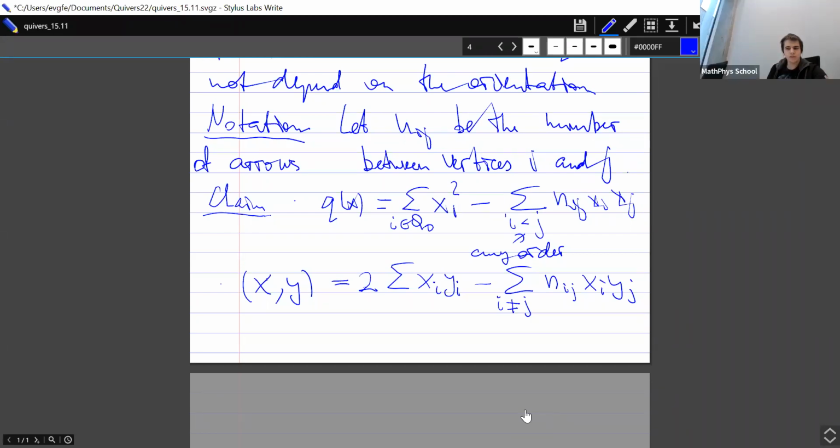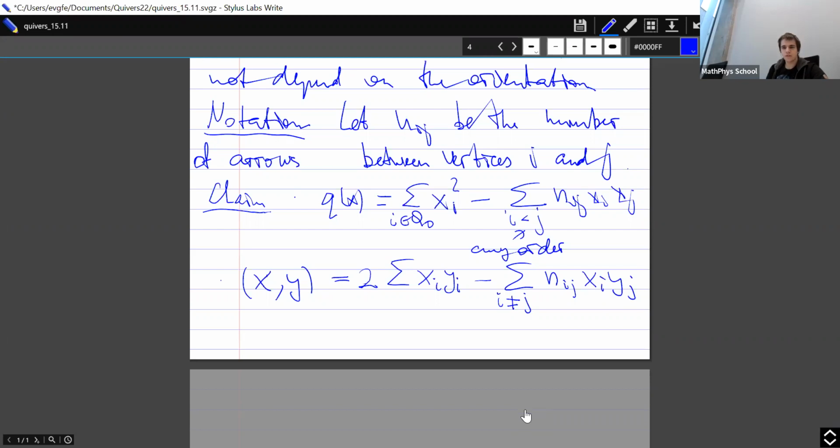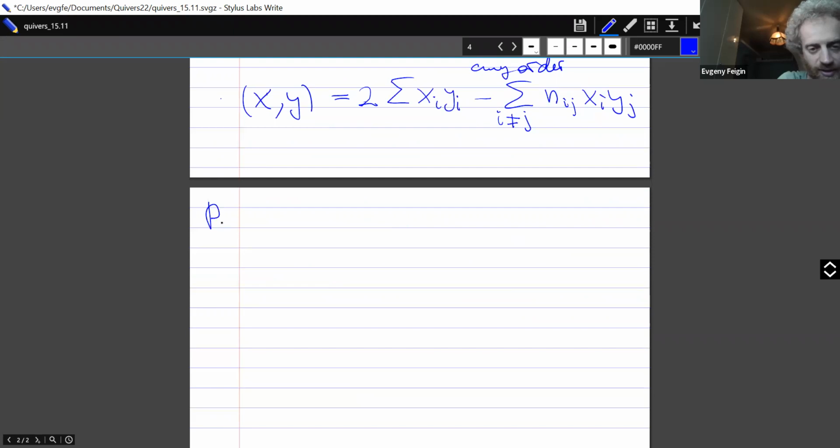May I ask, here we consider also only quivers without loops? Yes. Let's write this. So remark: no oriented cycles.